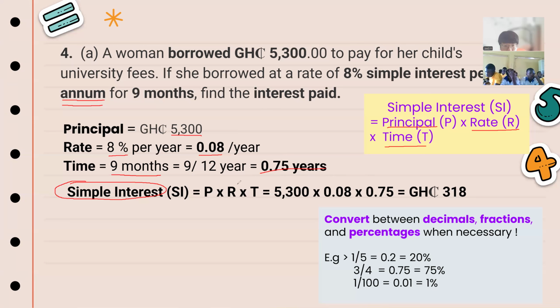Because we had 9 months, we get 9/12 year, which is 0.75 years. So you simply multiply the principal times the rate times the time. That's how you get the simple interest.